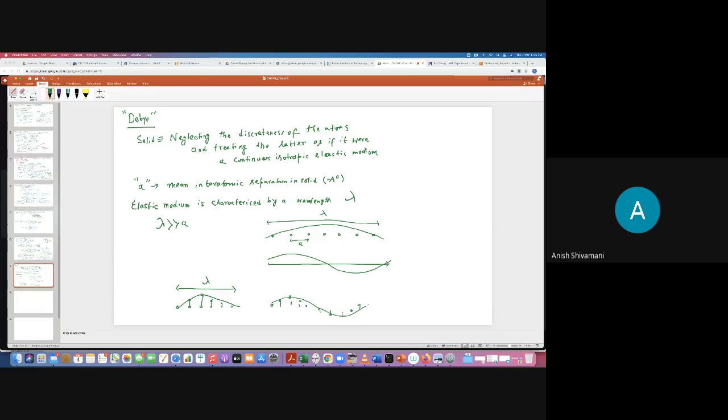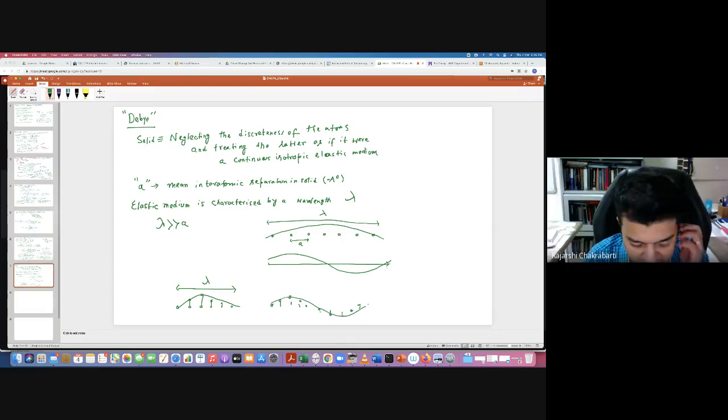So this is a good limit, because in this case the normal modes of vibration of the solid are going to be very similar to the vibration of this elastic medium, and this is where the Debye approximation is good.